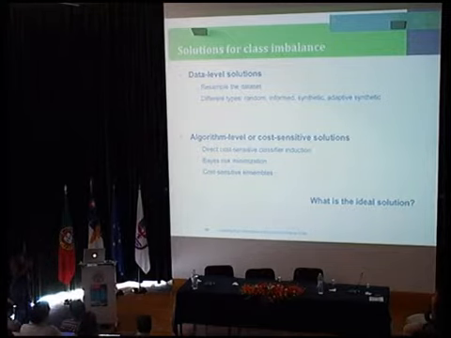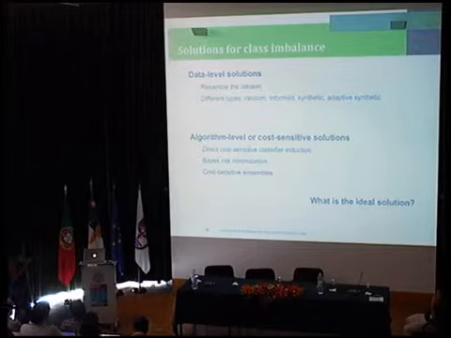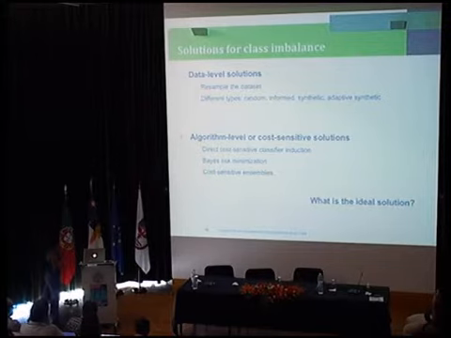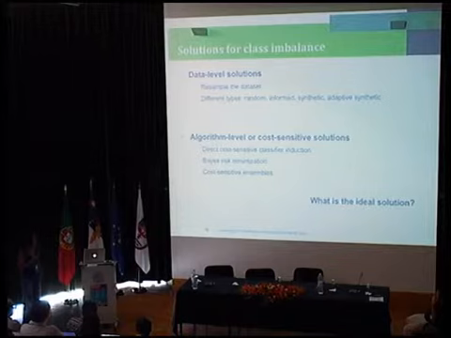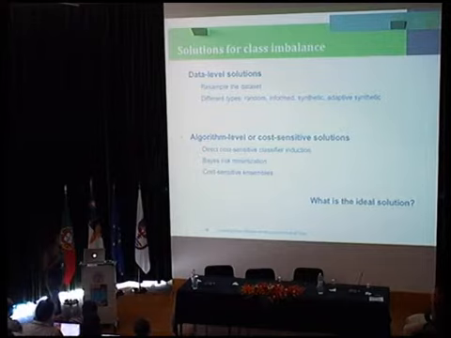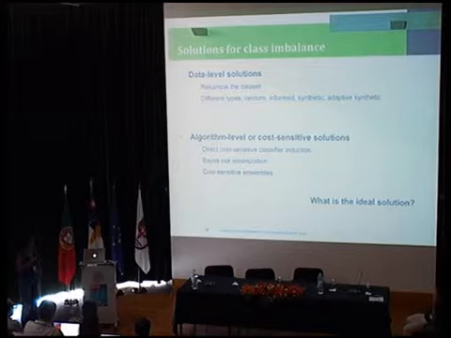And then there's the other solution, that is what we are experimenting here, that is the algorithm level or cost-sensitive solutions. So basically in this case, you don't alter the original data, okay, and you deal with the imbalance inside the algorithm.